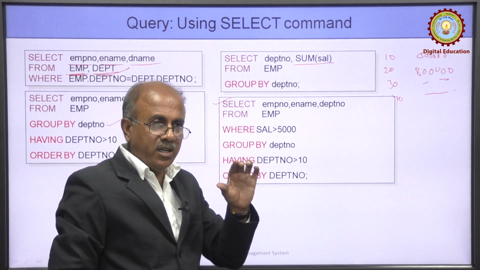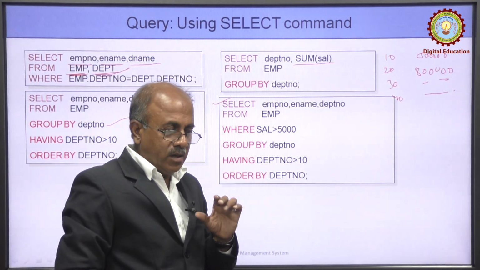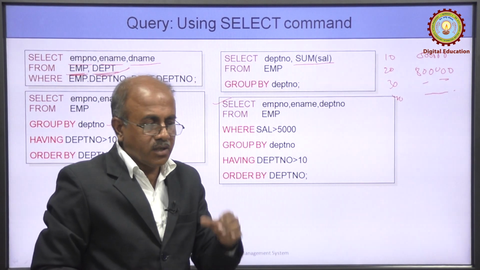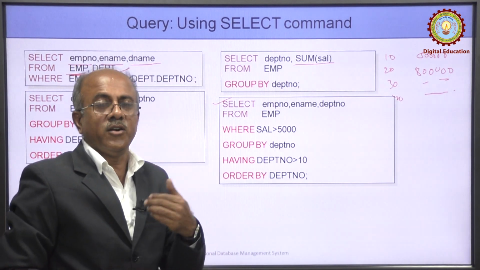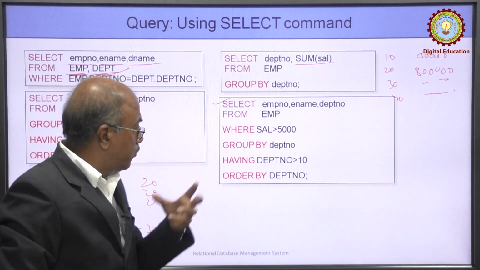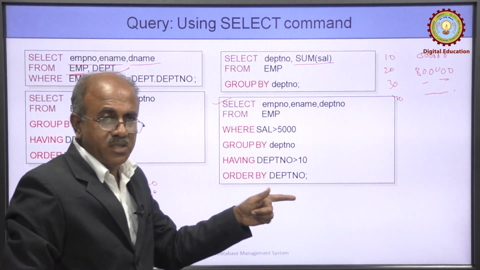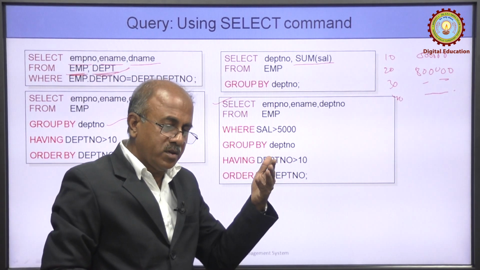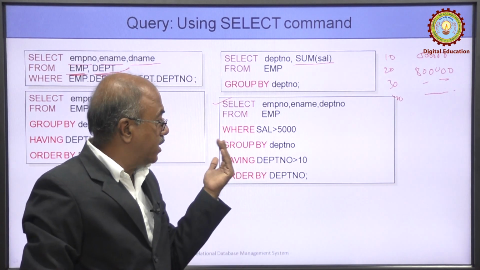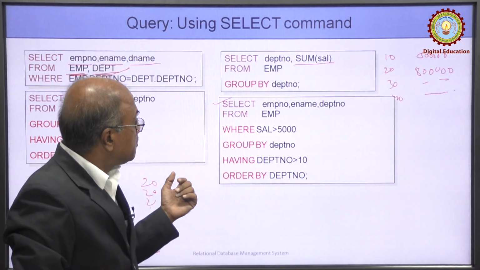The first group will be department number 10, the second department number 20, the third department number 30 and the fourth department number 40. So four groups will be there because in the table we have taken as an example, we have only four department numbers.